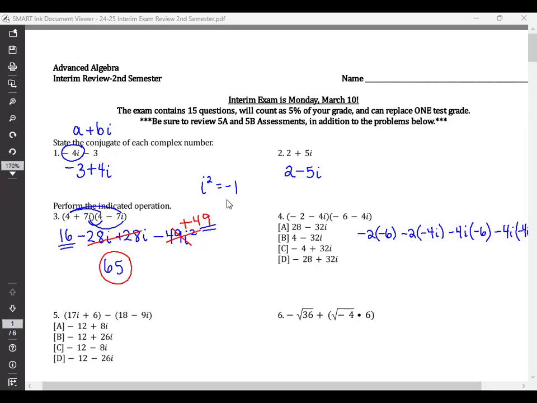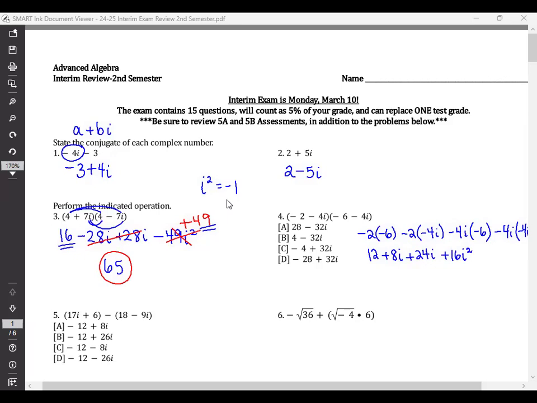All right, now I'm going to do that multiplication. So -2 times -6 is 12. -2 times -4i is positive 8i. -4i times -6 is positive 24i. And then on the end, -4i times -4i is positive 16i squared.